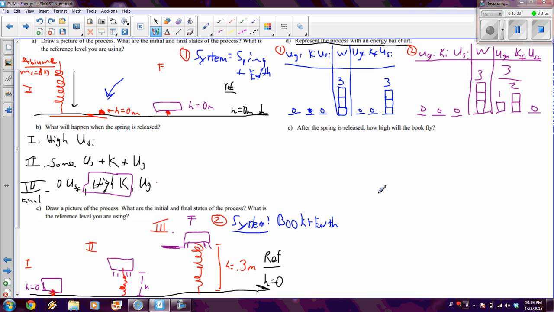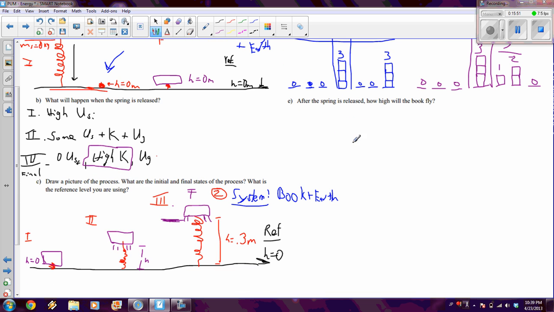So our final part, after the spring is released, how high will the book fly? In order to do this, we may have to draw another picture and possibly another bar chart, and we will do that. We don't actually have to draw it again. We know these initial sequences.